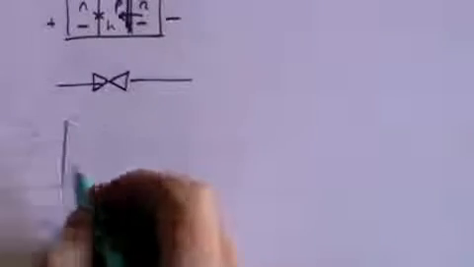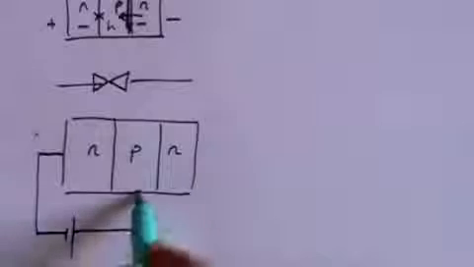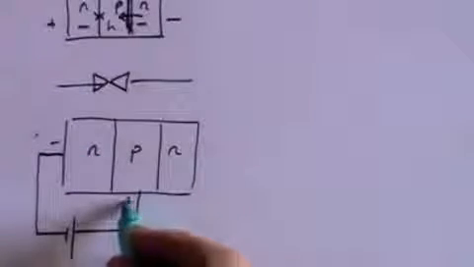But there is a way that you can use this quite constructively, and it's like this. Let's take our NPN material, and the first thing I'm going to do is to put in a battery like this, so that this end is negative and this end is positive.